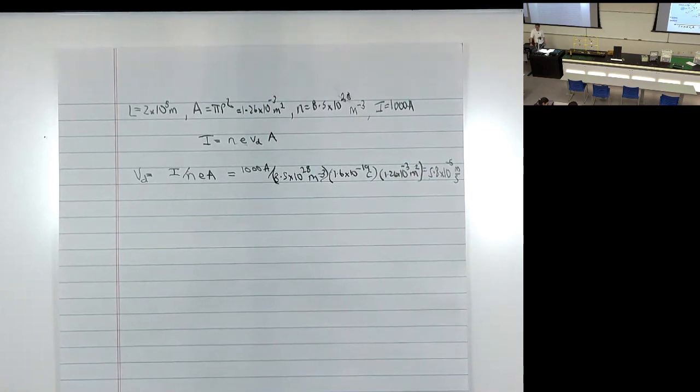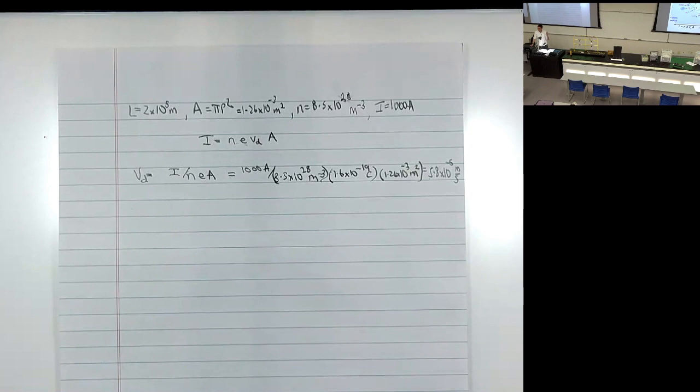Gosh. You know, I thought I was slow. But this electron is really slow. It's 6 times 10 to the minus 5 of a meter. That's 60 microns.